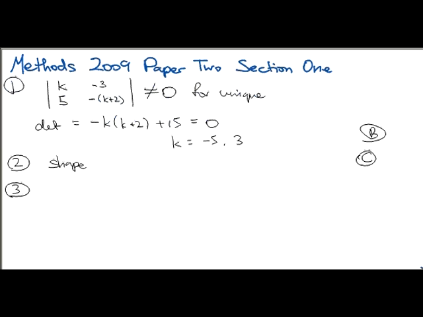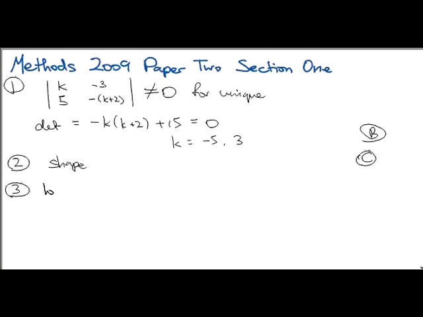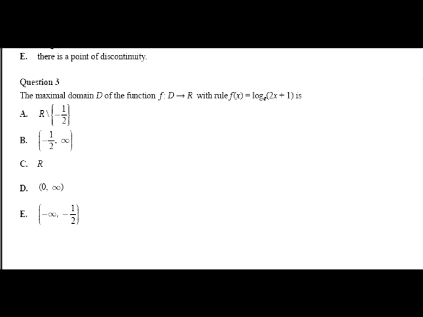Question 3. Maximal domain. Okay, again, not a very hard question. You know that log x is defined for x an element of the positive reals. So basically what you need to see is that the inside of the log needs to be larger than 0.